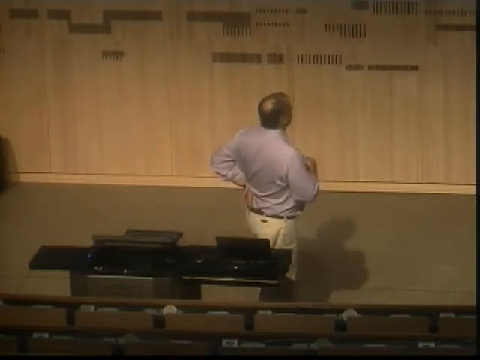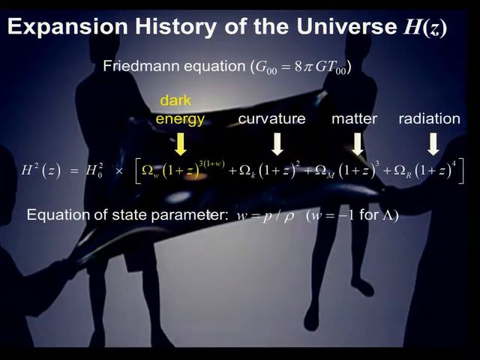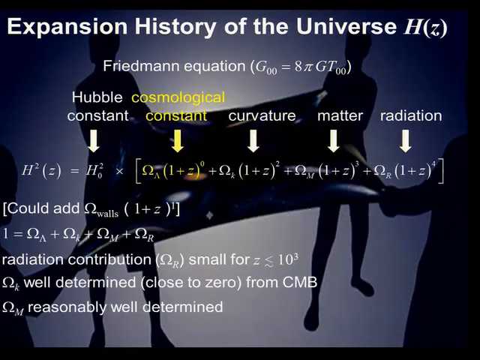Omega k, the curvature term, is reasonably well determined from the CMB to be close to 0. And omega matter is, with less accuracy, reasonably well determined. It's something between 0.2 and 0.3. So, in fact, it's not as simple as just a Taylor series.